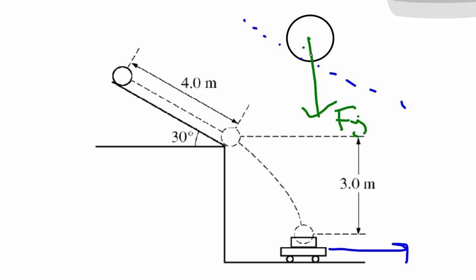And then, of course, we can divide this up like we always do. Here's our angle theta. This being force gravity y. This is force gravity x. And then, of course, we have normal force going upwards.